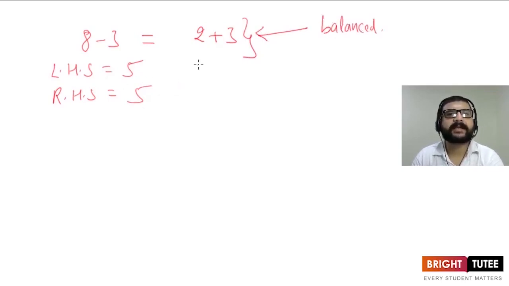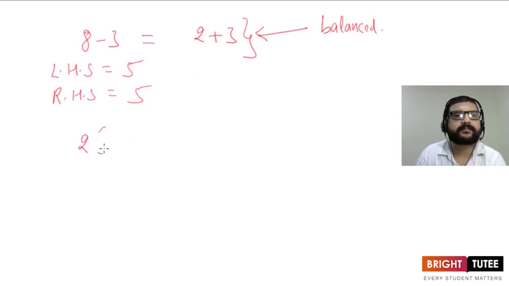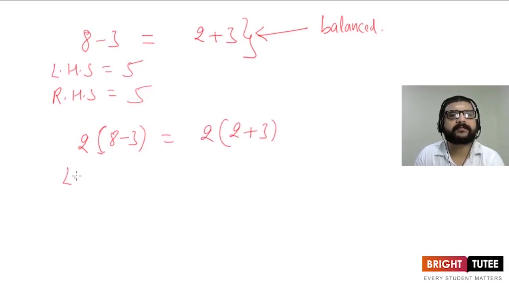Now let's multiply both the sides with the same quantity. Let's multiply it with 2. Let's multiply 2 with 8 minus 3 and 2 with 2 plus 3. So what will be LHS? LHS will be 2 into 8 minus 3, and 8 minus 3 is 5.